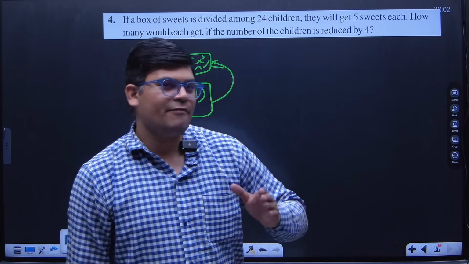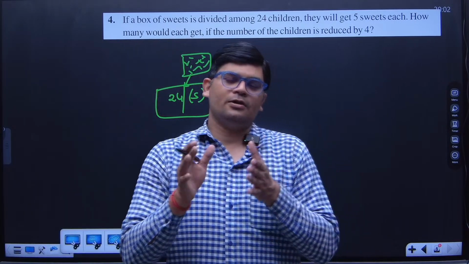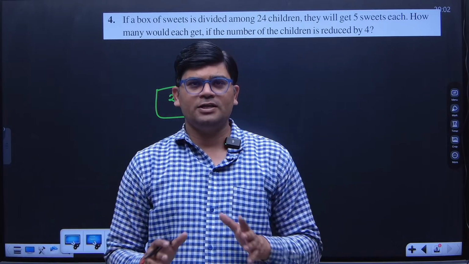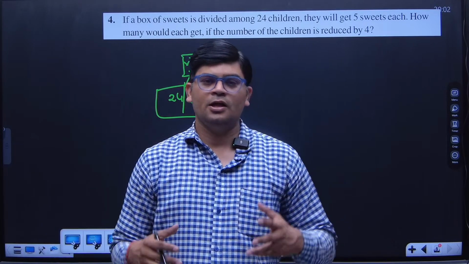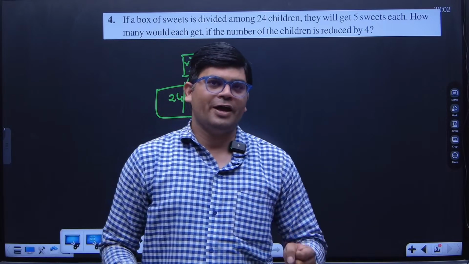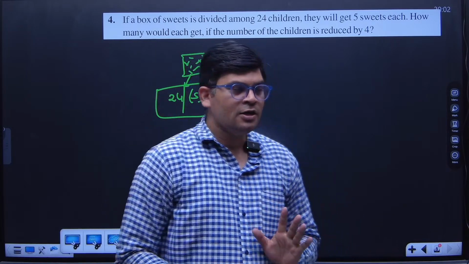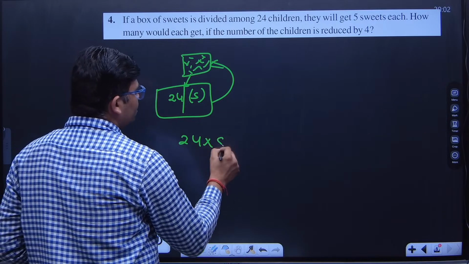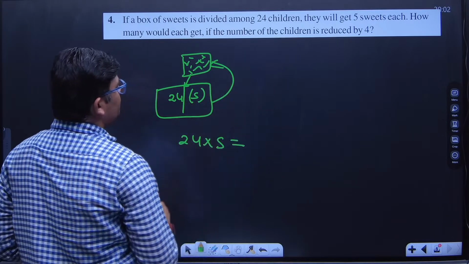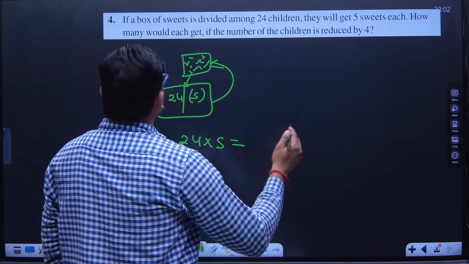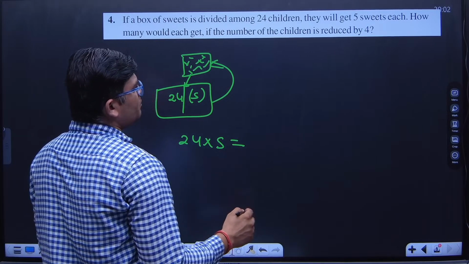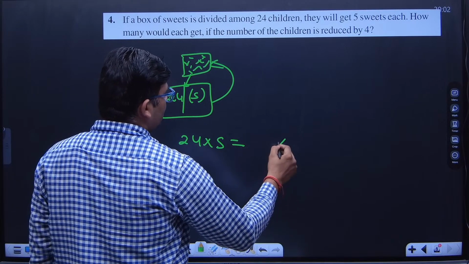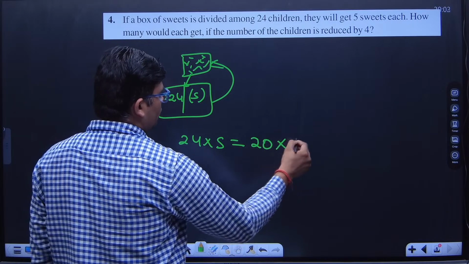Are you getting it? See, each student is having 5 sweets. So there are 24 different students, and every student is getting 5 sweets. So how many are there in total? So 24 into 5, that means 120. That must be equal to 24 into 5 sweets each. So if the number of students is reduced by 4, to 20, then 20 into x.